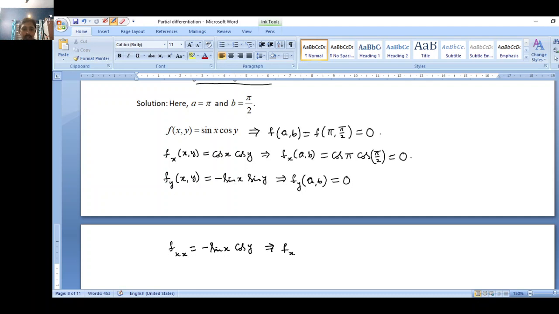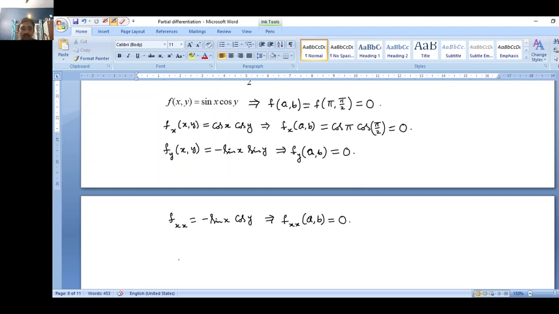And correspondingly fxx of a comma b will give you minus sin pi into cos pi by 2, and that is again going to become 0. Of course, don't assume that in every problem you'll get all the partial derivatives to be 0. I have chosen a simpler problem to begin with.